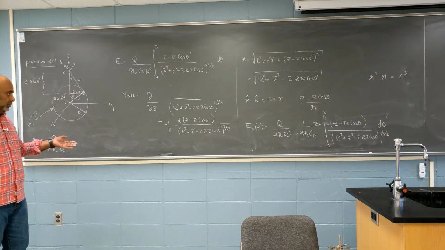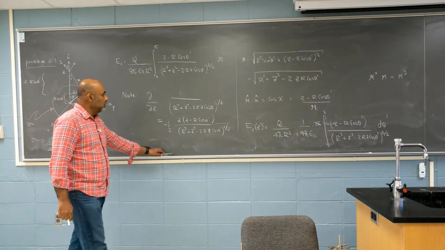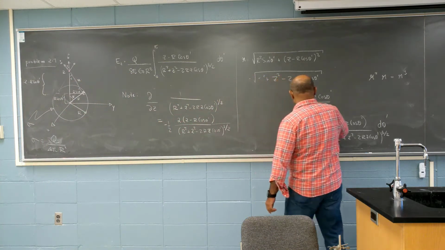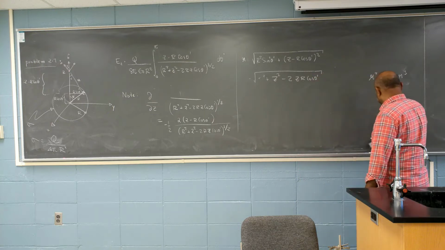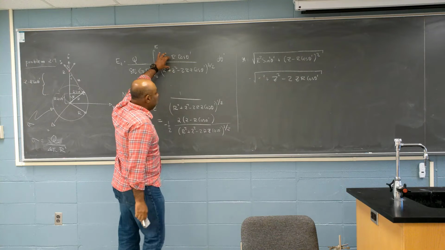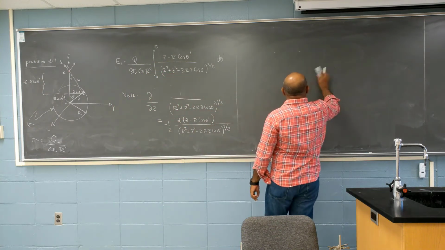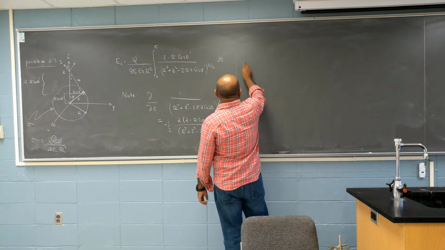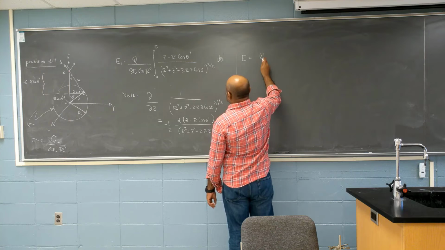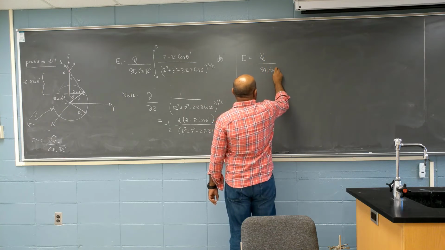It seems like just something we can do. Look at how it turns out to be very handy, because this is precisely what you have there. And so E_z equals Q over 8 pi epsilon naught r squared.